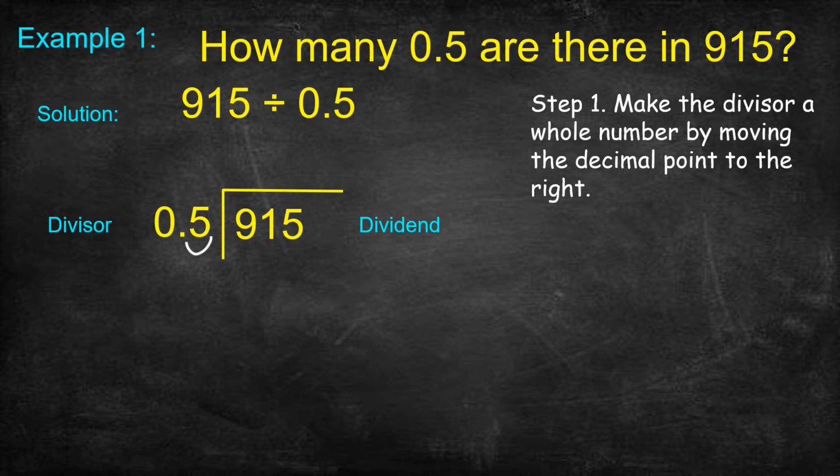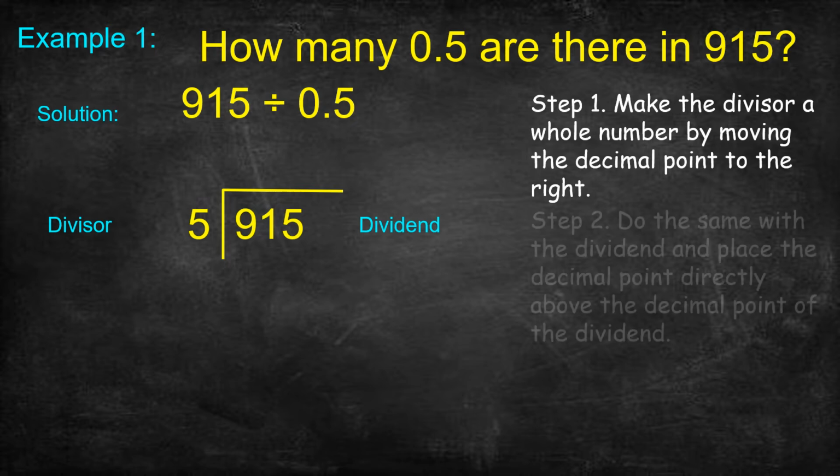So, we're going to move that. And then, yung decimal dito ay mapupunta na ngayon sa dulo. At ito ay magiging whole number 5. Okay, so that is for step number 1.